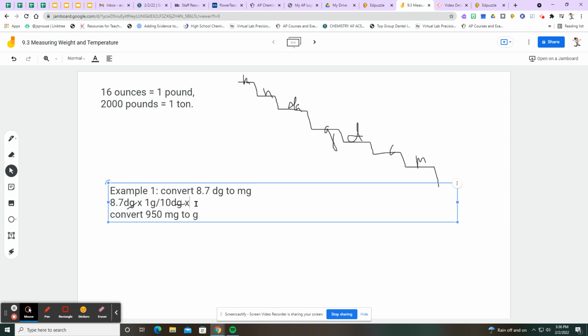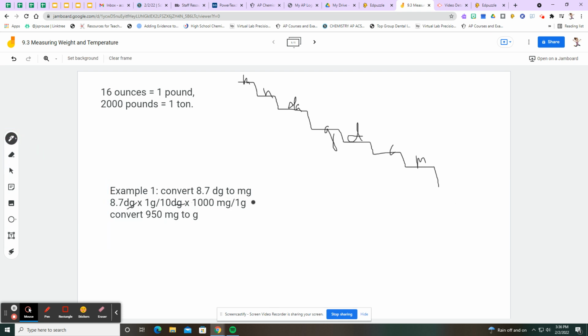So I'm going to multiply and put another unit multiplier. And this time grams is going to go on the bottom and milligrams is going to go on the top. And again, I look, grams is bigger, so grams gets the 1. Milli is smaller, so my 1,000 goes there. Okay, and then I check and make sure everything cancels out.